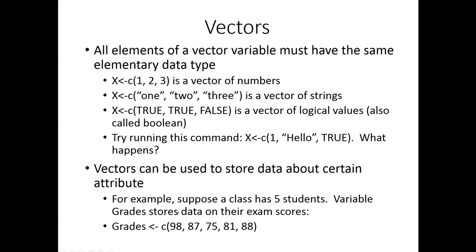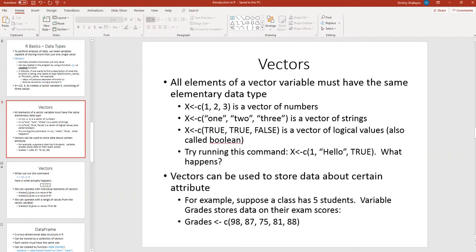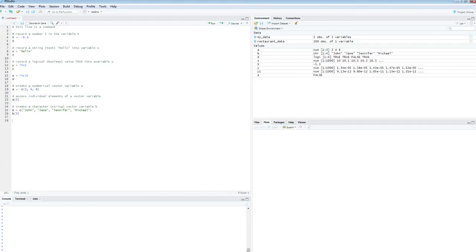And the way we access the individual values, let's actually switch to R. The way we access individual values of the vector is we have to provide an index.